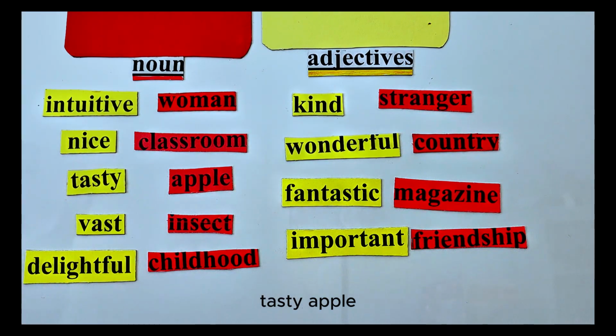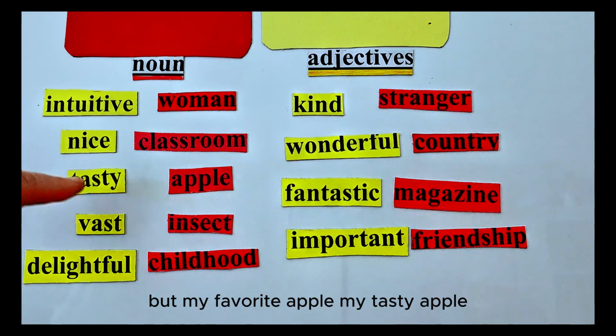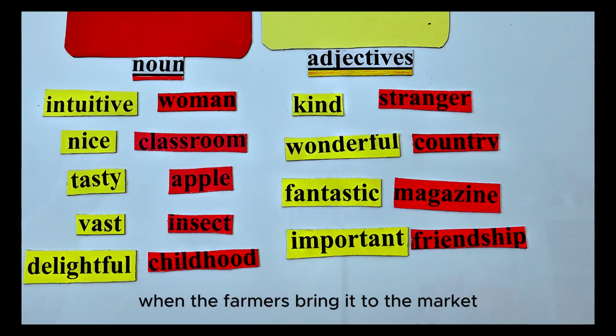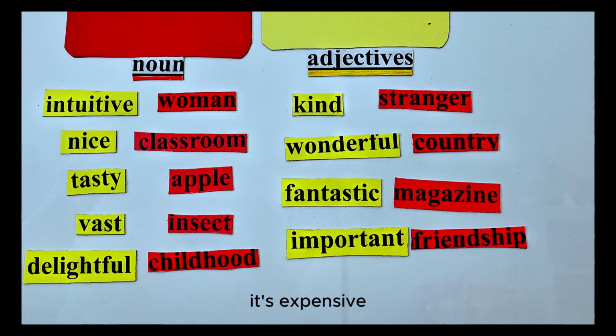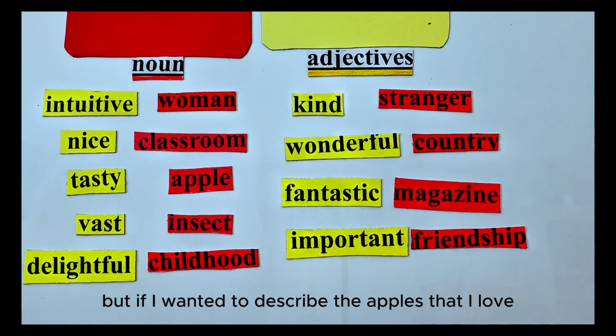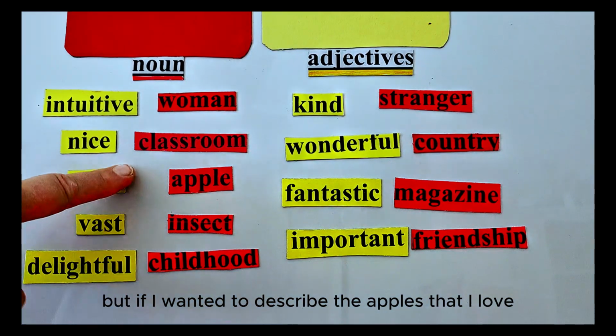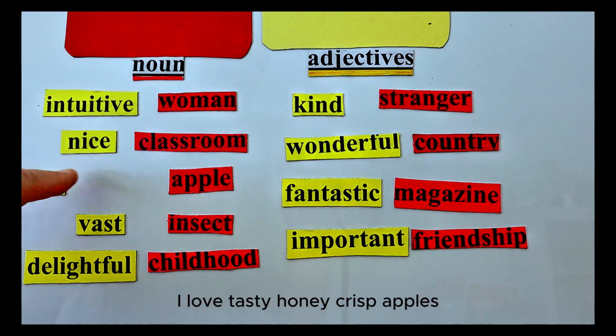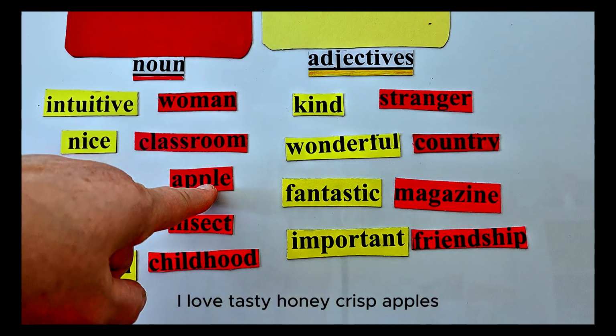Tasty apple. Now, I usually buy Gala apples, but my favorite apple, my tasty apple, is called Honeycrisp. When the farmers bring it to the market, it's expensive, so I don't buy them too often. But if I wanted to describe the apples that I love, I could put another adjective here. I love tasty, Honeycrisp apples.